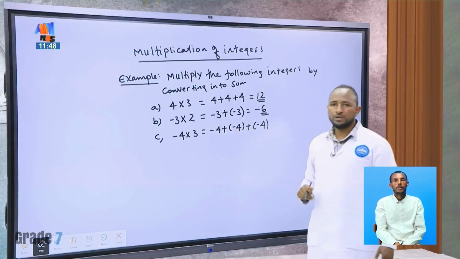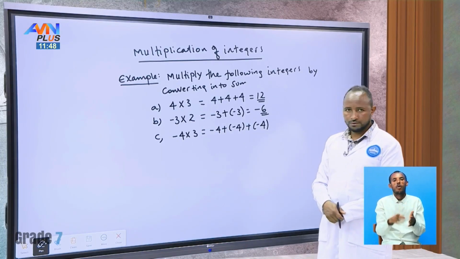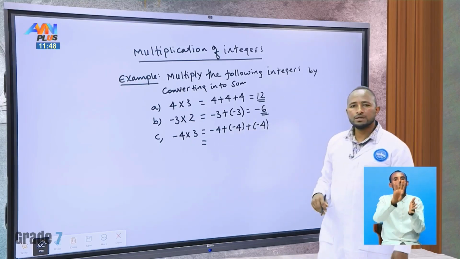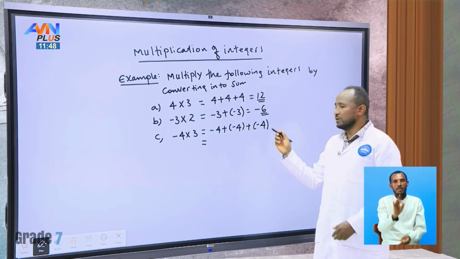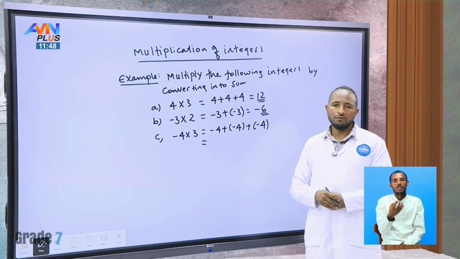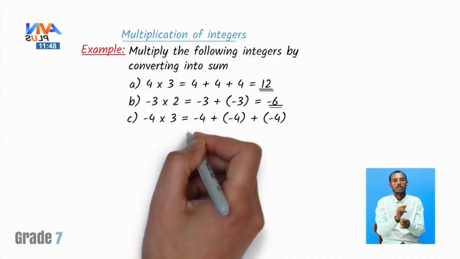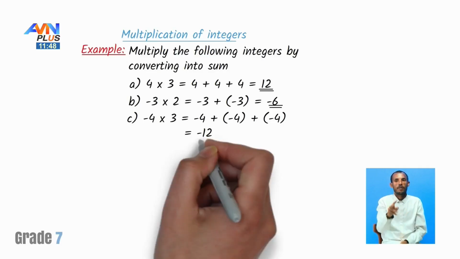So this will be the sum form of this product. So what will be the answer? Now let's add this. -4 plus -4 is -8. And again, when you add -4, you will have -12. Therefore, the correct answer for this is -12.